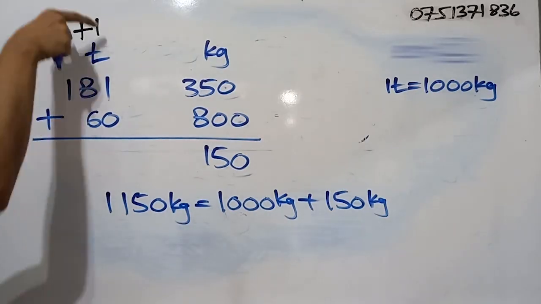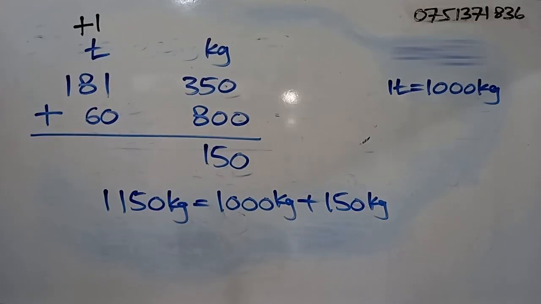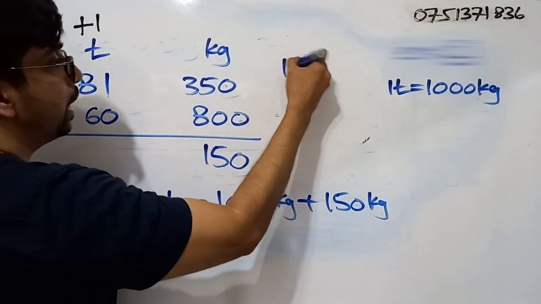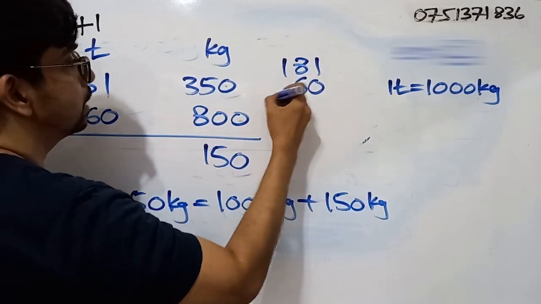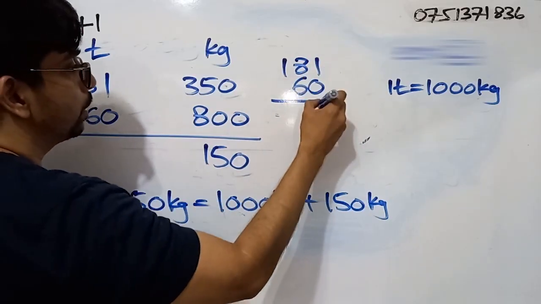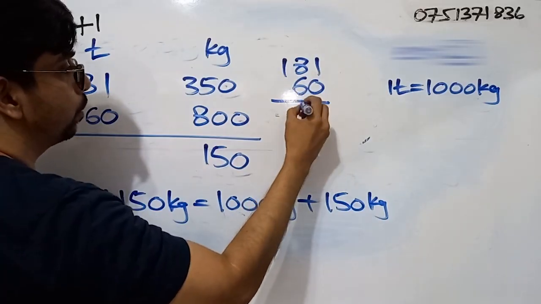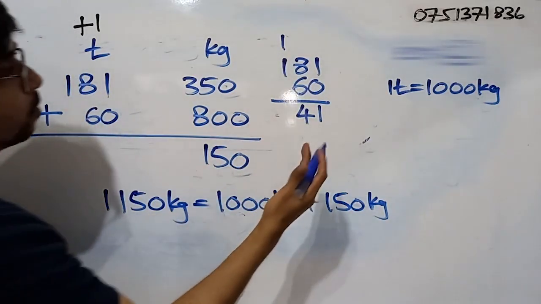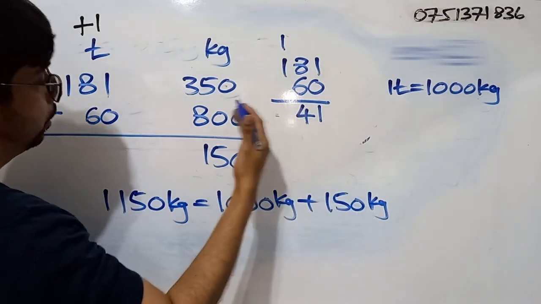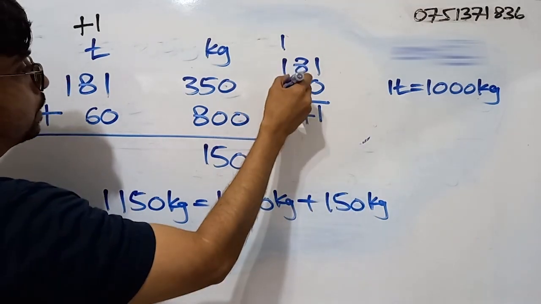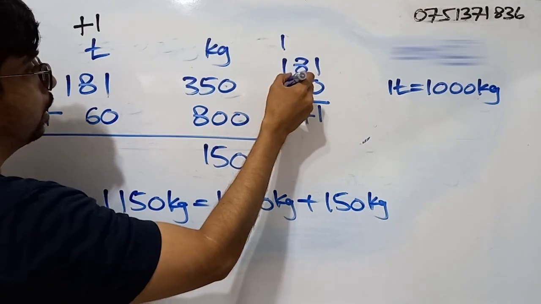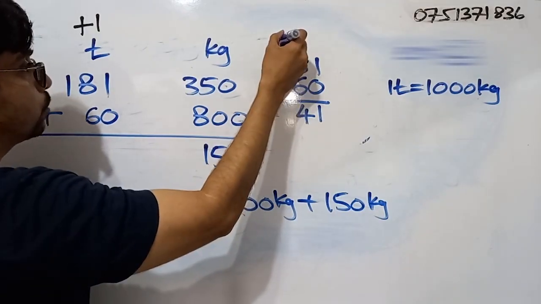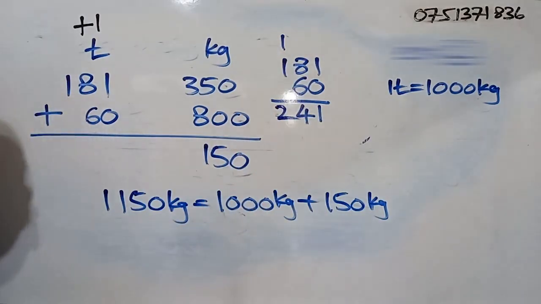Now we will add the masses in the metric tons column. So 181 we will add a 60. So 1 plus 0 that's a 1. 8 plus 6 that is 14, so that's a 4. Push over the 1 to the other place. 1 plus 0 it is 1. Add the 1 it becomes 2. So we get 241.